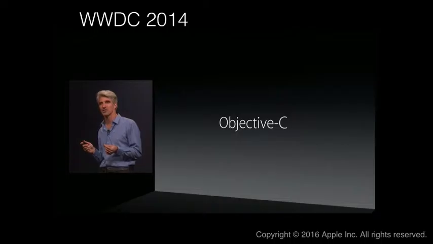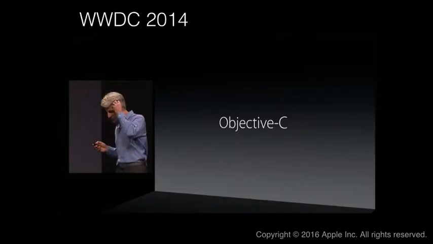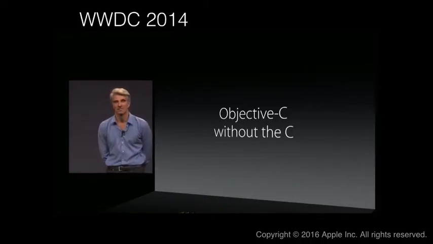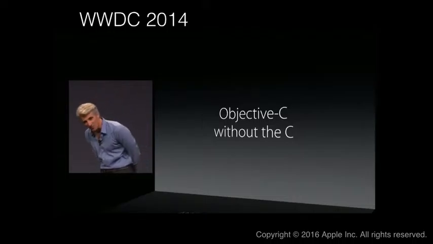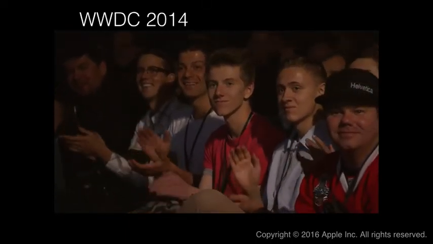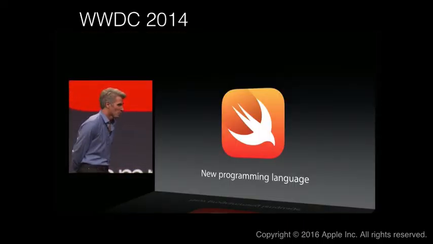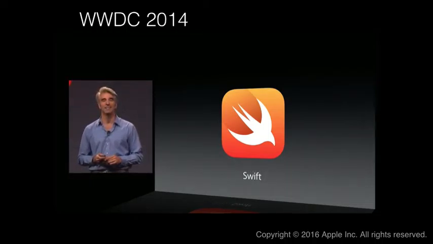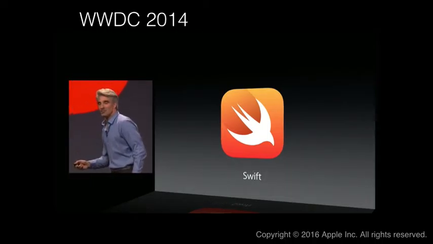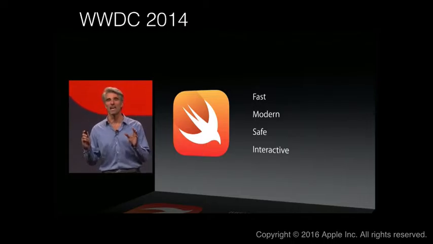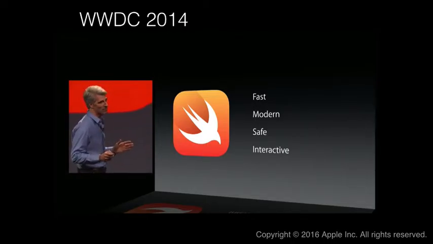But we had to ask ourselves the question, what would it be like if we had Objective-C without the baggage of C? Well, we did more than think about it. We have a new programming language. The language is called Swift, and it totally rules. Swift is fast, it is modern, it is designed for safety, and it enables a level of interactivity and development that you've never seen on the platform.